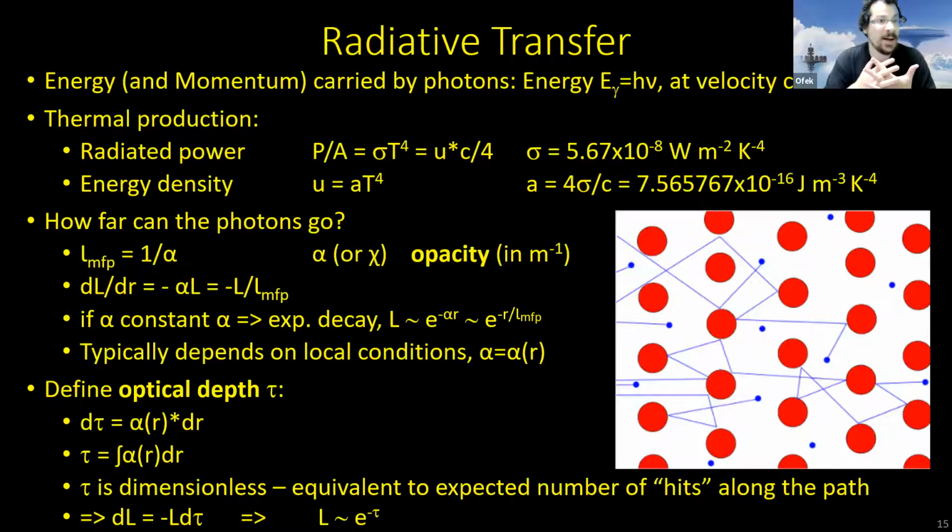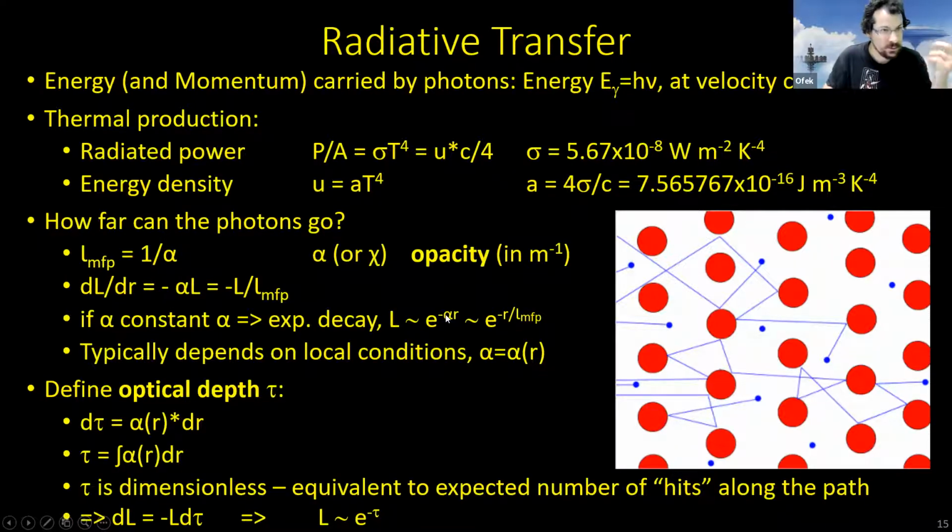It's very similar to radioactive decay, where we had a half-life in time, indicating that some quantity of matter or some isotope will deteriorate by half over some time period. In this case, we have a decrease by a factor of e over some distance, the mean free path L. If alpha is constant, it's exactly the same as radioactive decay, because you can immediately solve this differential equation, dL/dr equals minus alpha L, to get exponential decay. L will then decay like e to the minus alpha r.